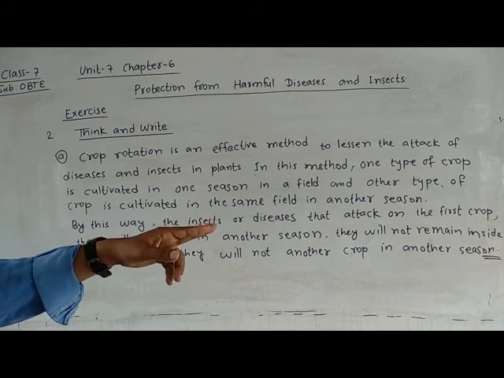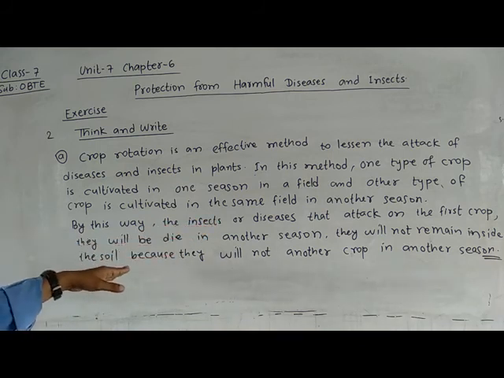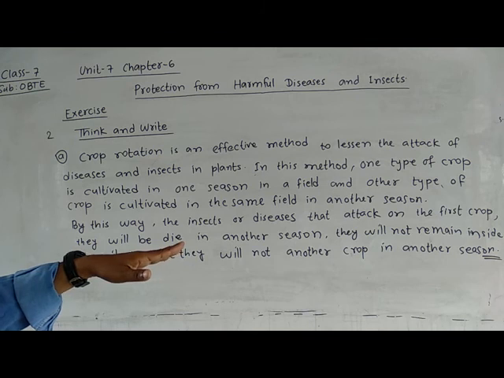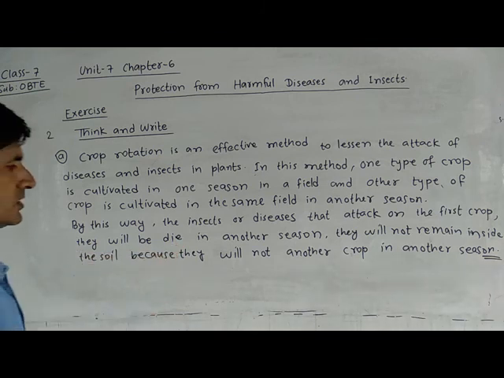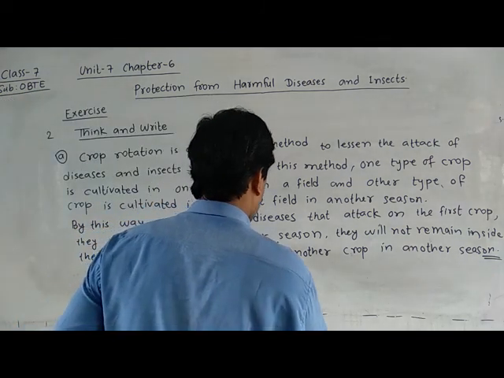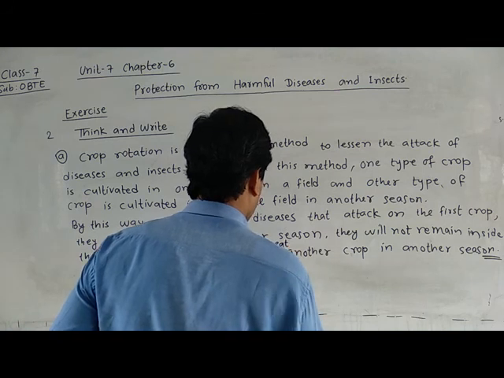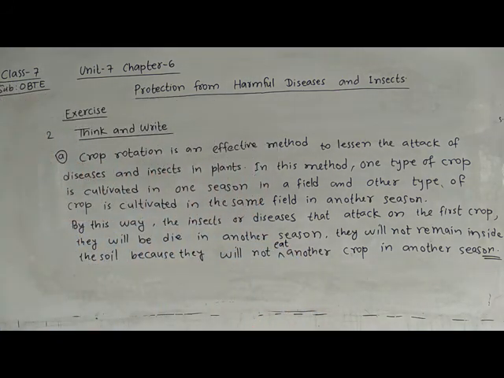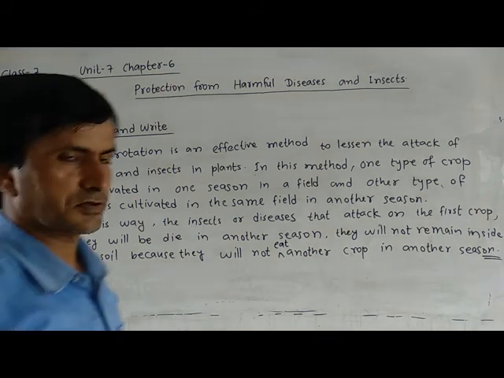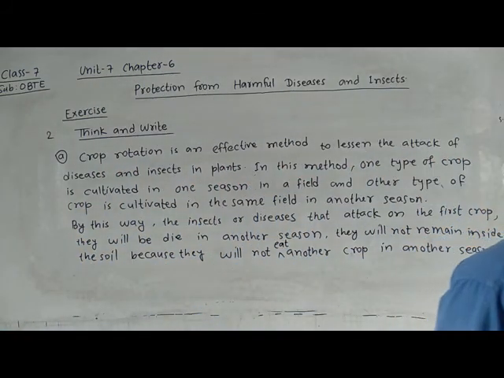They will not remain inside the soil because they will not eat another crop in another season. This is the answer. If we describe more, it will be longer, so it is not necessary to describe more.